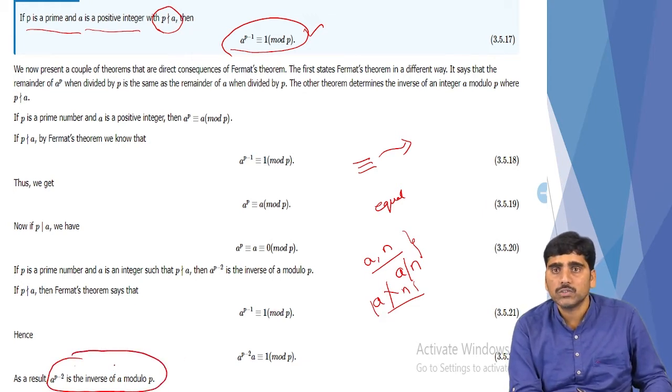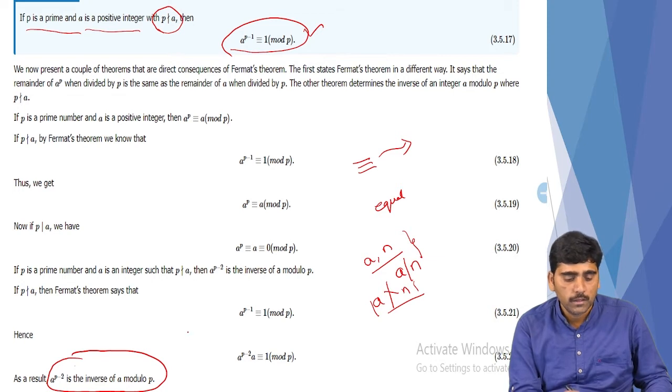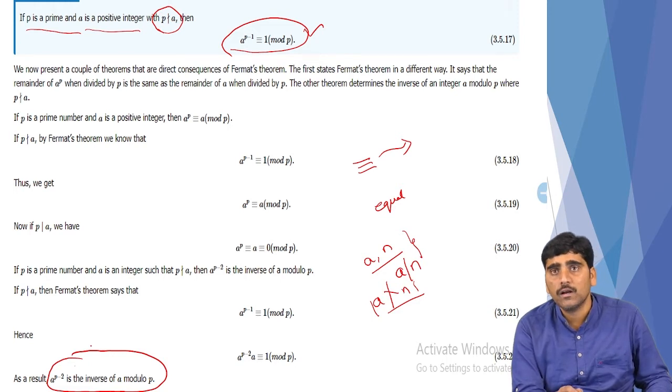So a^(p-2) is the inverse of a modulo p, and a^(p-1) is congruent to 1 mod p. You can state them both.